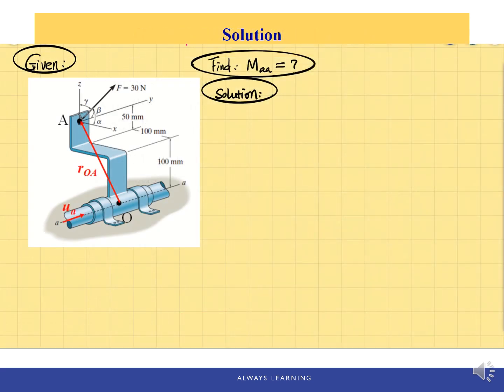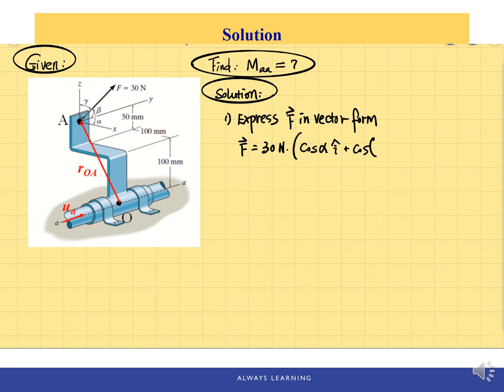So let's write down the steps. First, we're going to express the force in vector form. And this F will be the magnitude of the force times the unit vector. The unit vector will be cosine alpha i hat plus cosine beta j hat plus cosine gamma k hat.